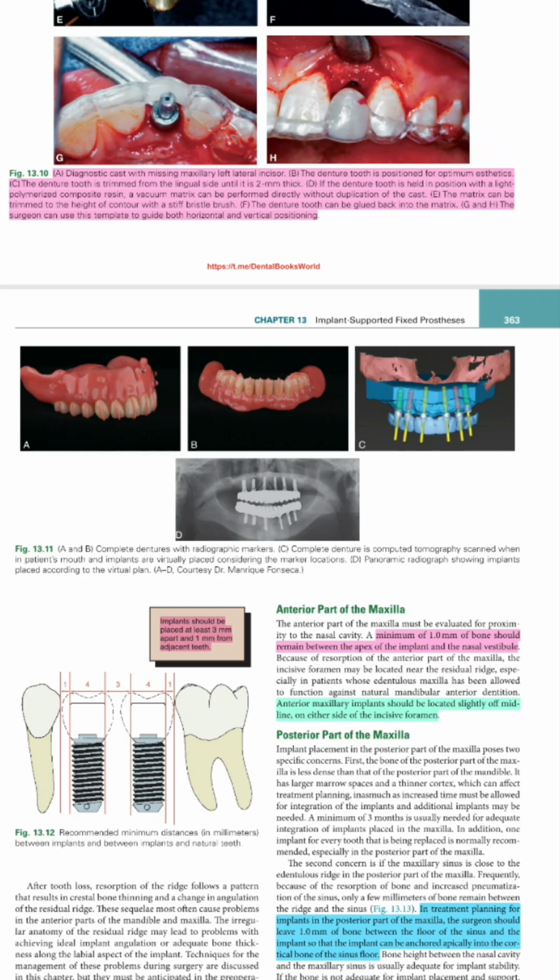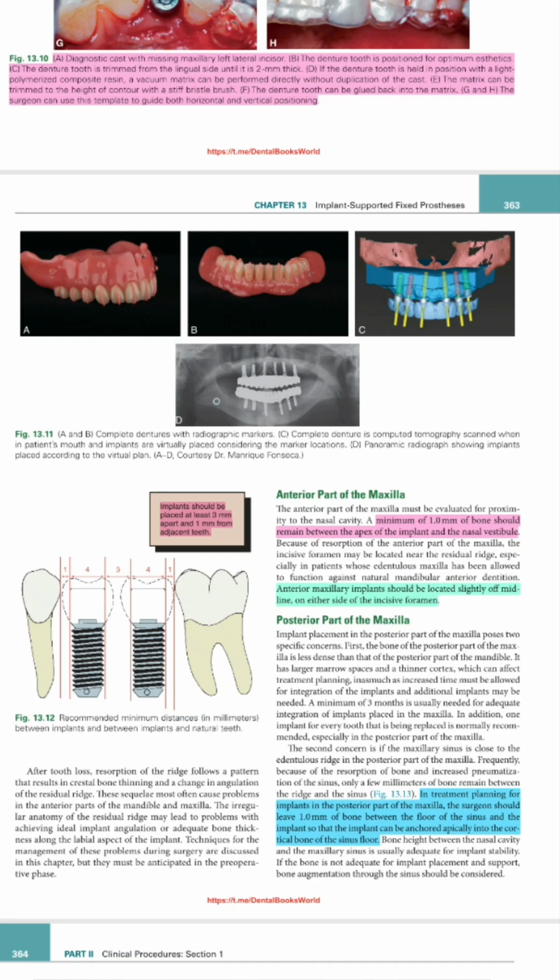For example, in this case, we have this denture that was computer tomography scanned while it was inside the patient's mouth, and it was designed using the software to mark the locations of the implants.